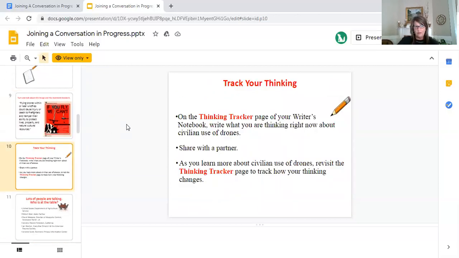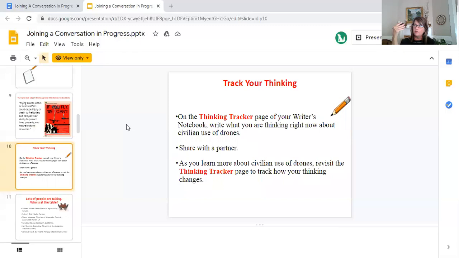Now that you know what the U.S. Department of Agriculture thinks, and you've heard what your partner, your peers think about this, on your thinking tracker, write what you're thinking right now about civilians using drones.